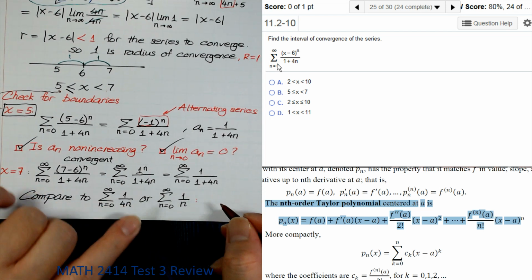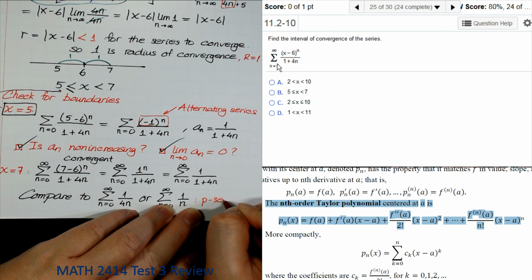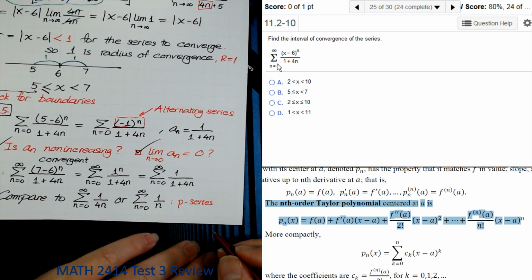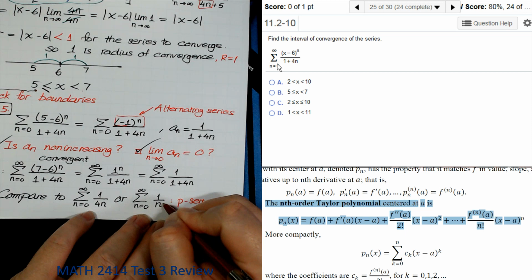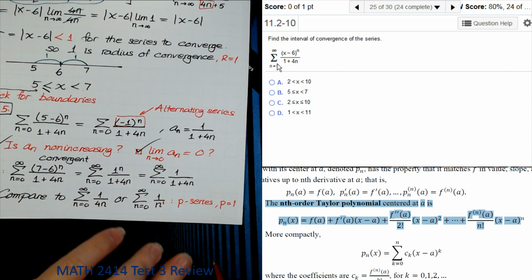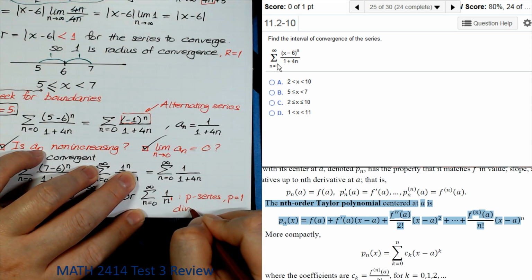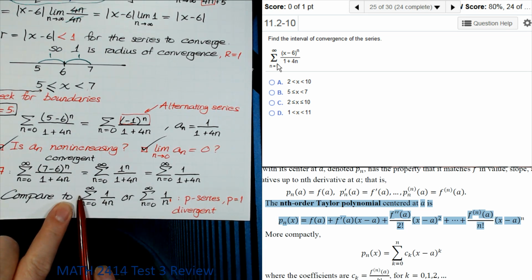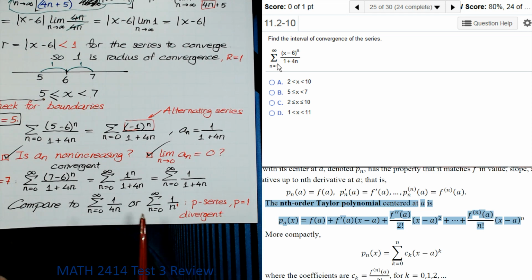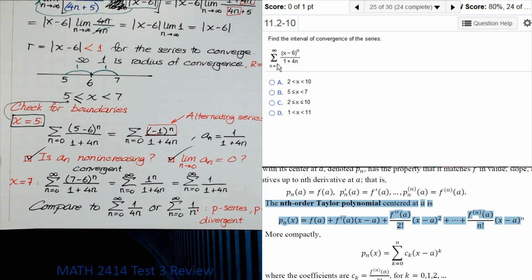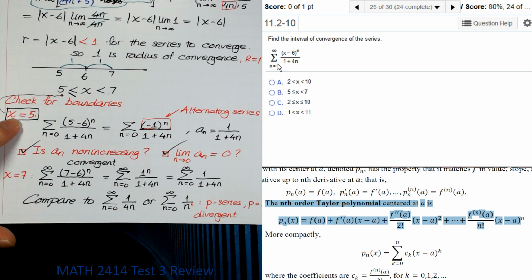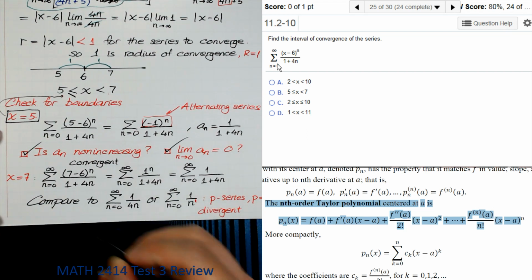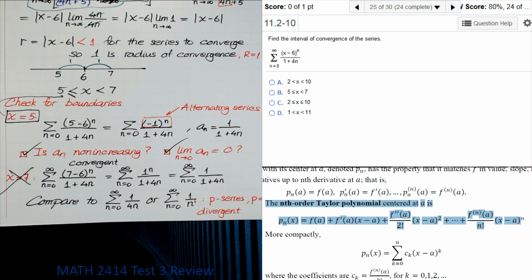This is the p-series where p equals 1, and that is divergent. So if this is divergent, so is that, because that's why we compare them. So for 5 it works, for 7 it doesn't. So this one only goes from 5, including the 5, to 7, but does not include the 7.